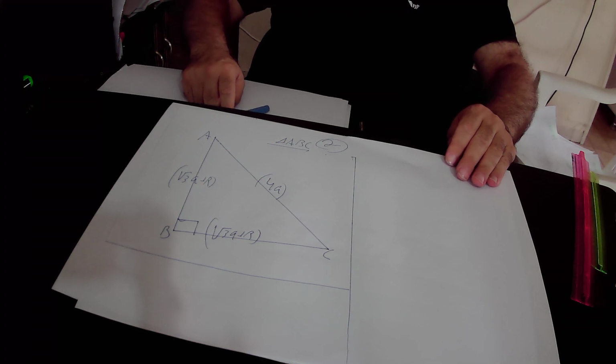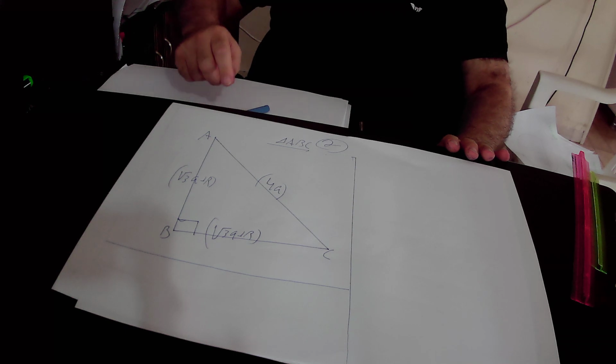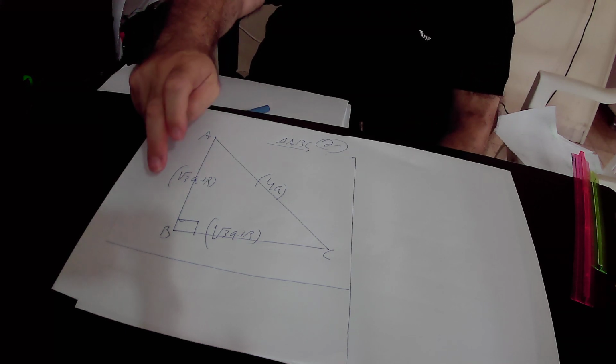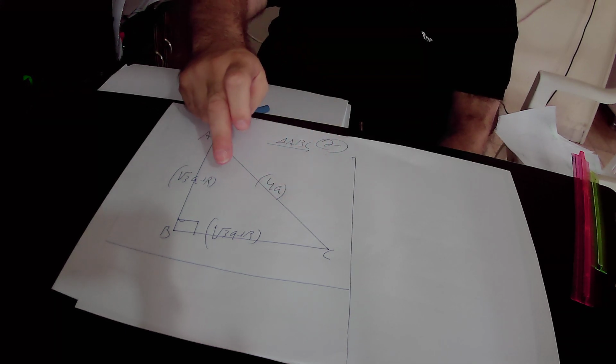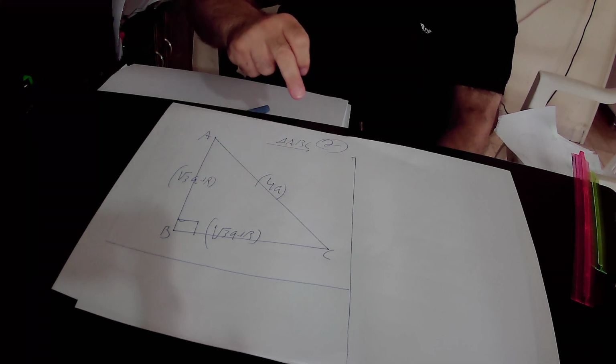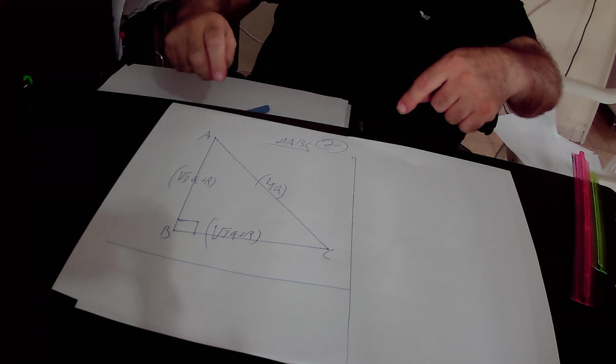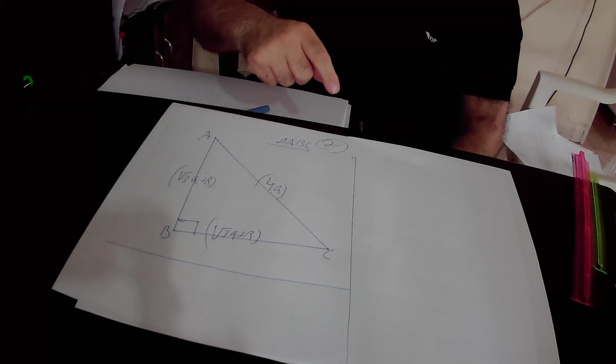In the right triangle ABC, both side AB and side BC are equal to the square root of 3 times A plus R, therefore they are equal to each other.